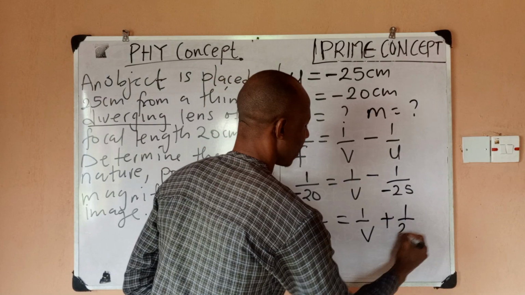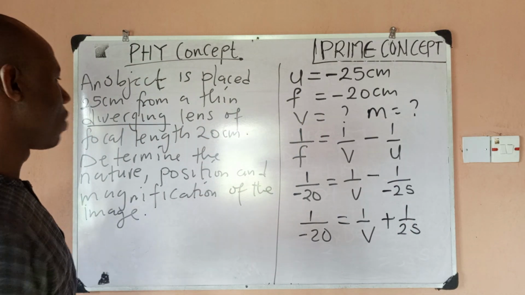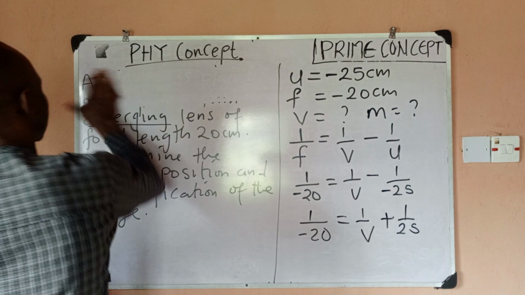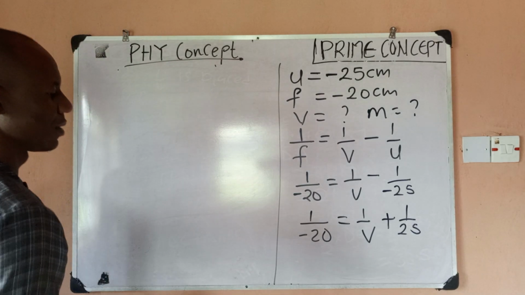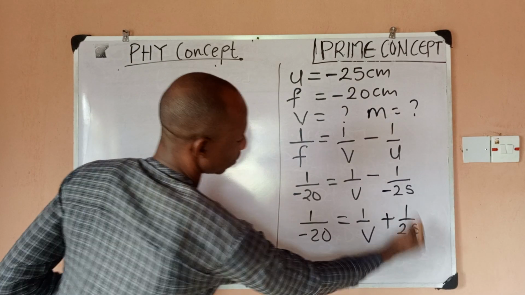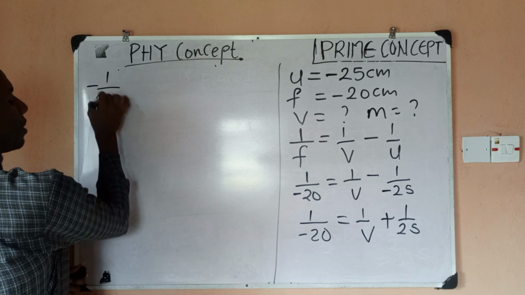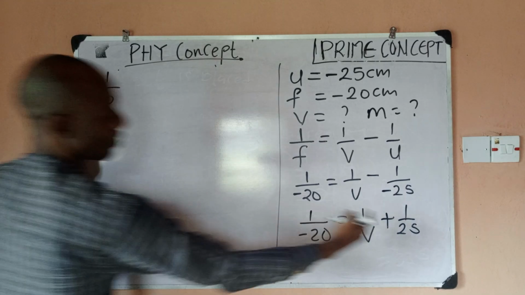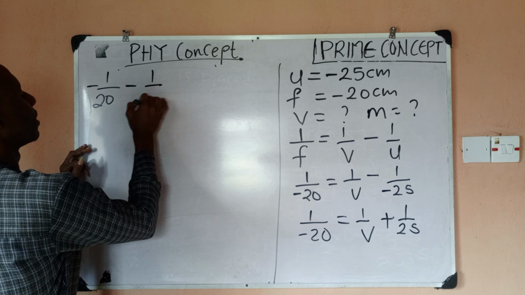So what I'm going to do is make 1 by v the subject of the formula so that we can easily find v. To do that, I'll simply move 1 over 25 to this side. So I'll have minus 1 by 20 here, and when the plus crosses to meet it, it becomes minus 1 by 25.